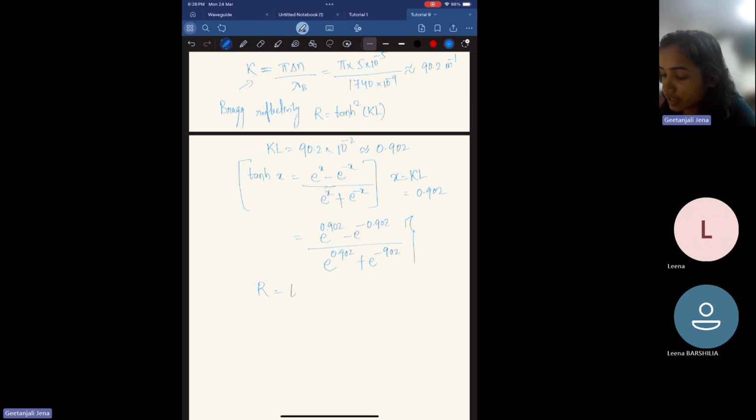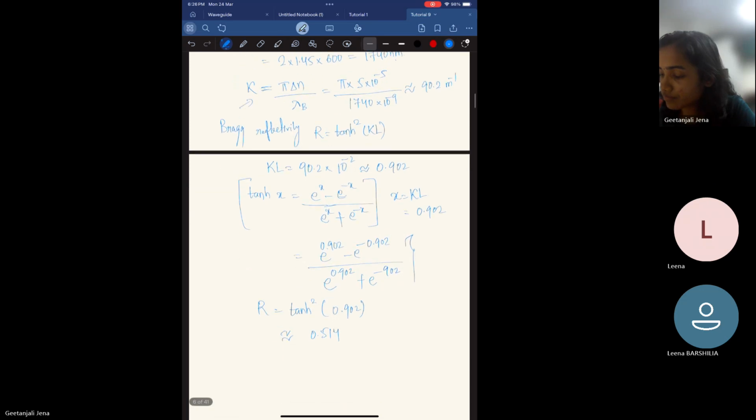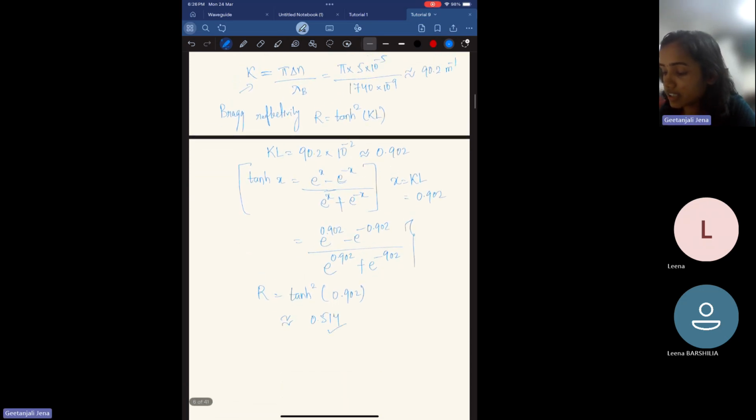If you calculate it, it will come to around 0.514. So at this length, the reflectivity will be 0.514.